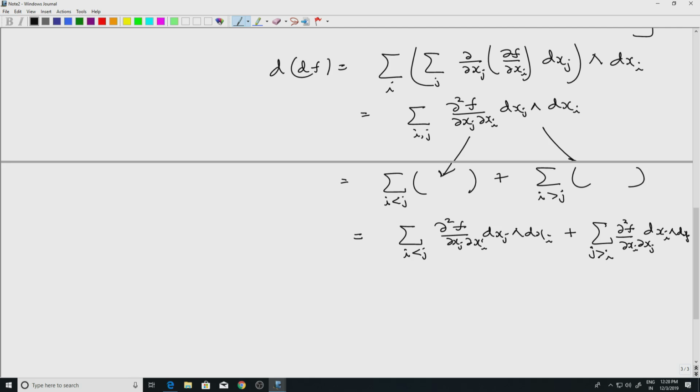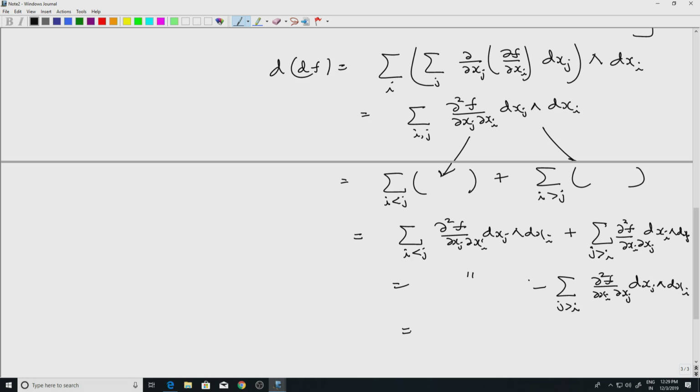Now the point is that dxi wedge dxj is the same as dxj wedge dxi, but I obtain a minus sign in the process, since I change the order of the exterior product.